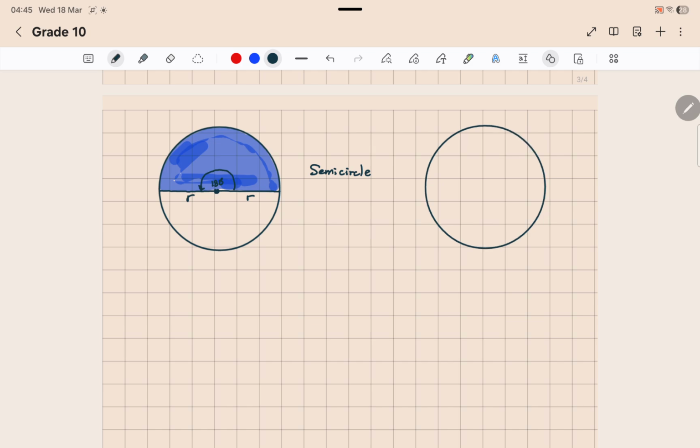We know the total angle is 360 degrees, so a quarter circle should have an angle of 90 degrees at the center. This is the radius, this is the radius, and this is our quarter circle.